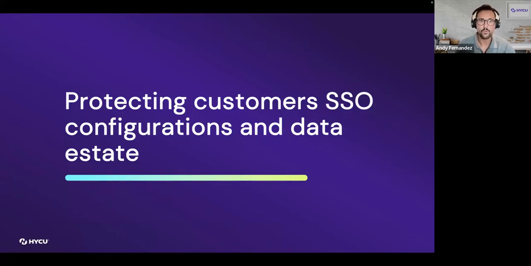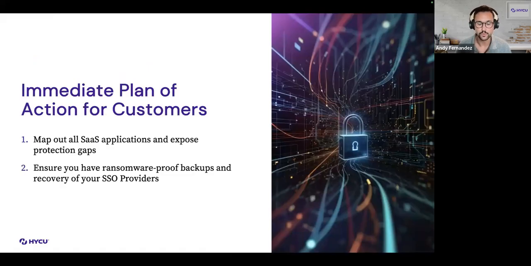Now, what can we do about actually helping customers protect their SSO configurations and actually secure their data estate? When I say data estate, I don't just talk about hybrid environments. I'm talking about native cloud services, native SaaS services that they're leveraging across the entire company, not just within IT. So the immediate plan that we recommend for customers, and by the way, there's an MSP component to this that we'll share, is two things.